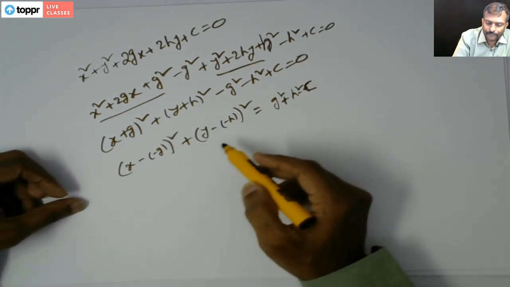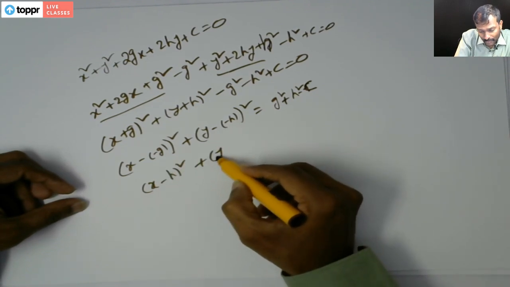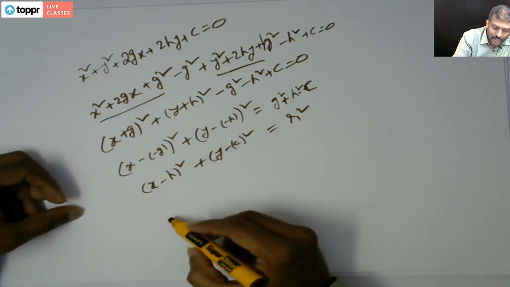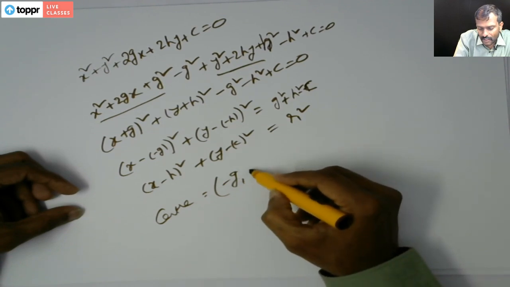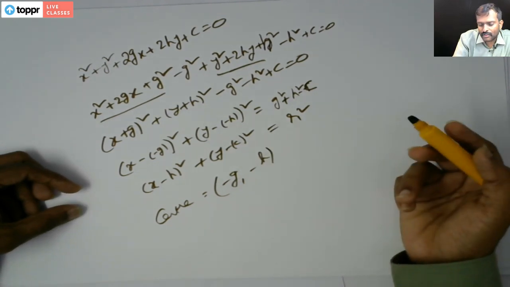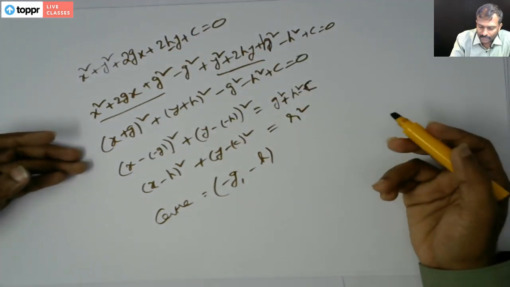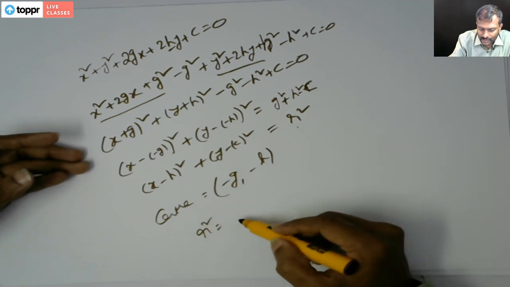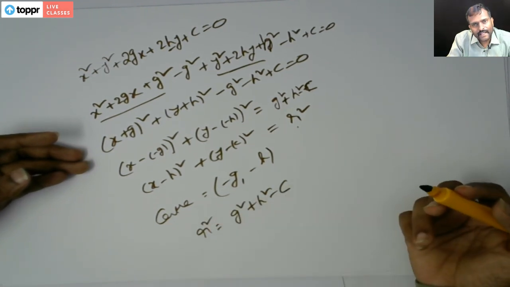Now if you compare this with our earlier equation, x minus h whole square plus y minus k whole square is equal to r square, here the center is minus g comma minus h, or minus g comma minus f, whatever alphabet you take. And the radius r square is equal to g square plus h square minus c.